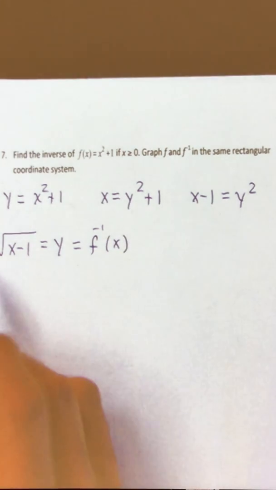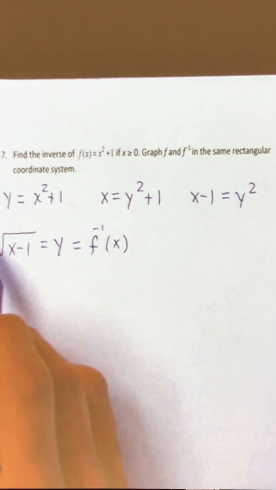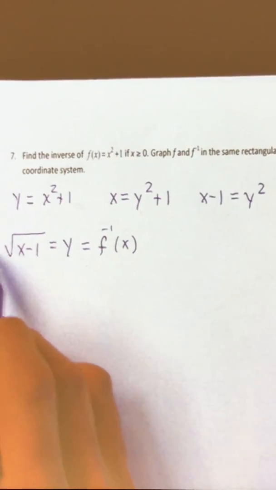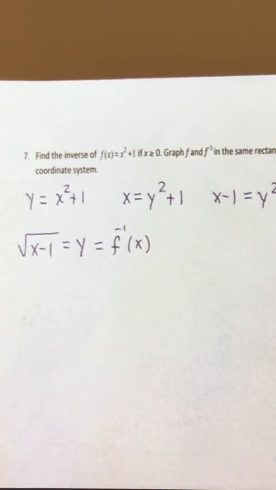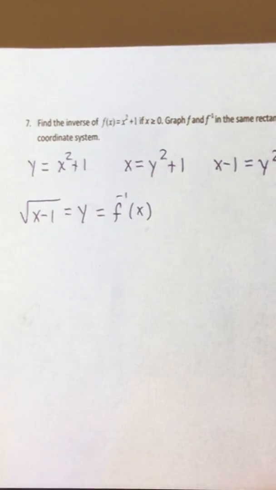Note here, when we took the square root, we used what's called the principal square root and only used the positive square root. And again, this is to make sure that we have a function and its inverse intact with x being greater than 0. So now we have the inverse function.